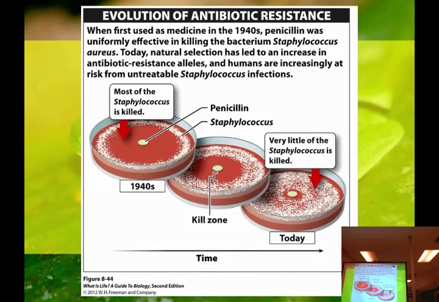And back in the 40s, Staphylococcus would be killed off very quickly with penicillin. And then after the Staphylococcus aureus became resistant to penicillin, we found that very little of it is killed by penicillin today.